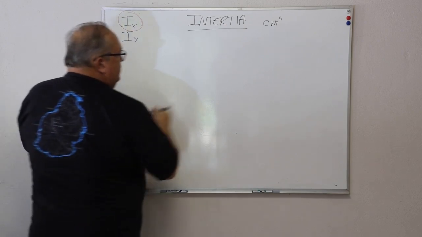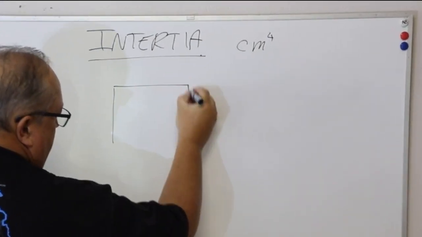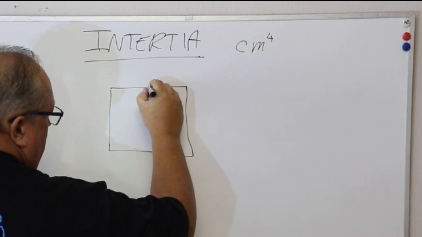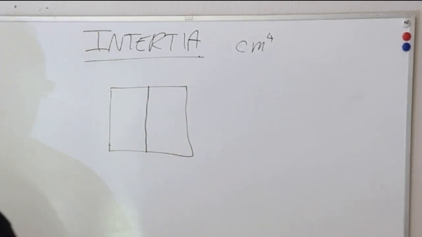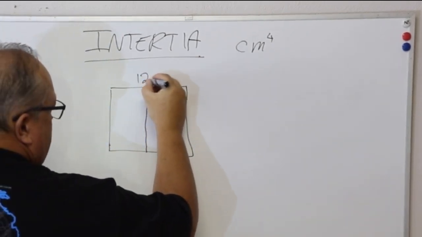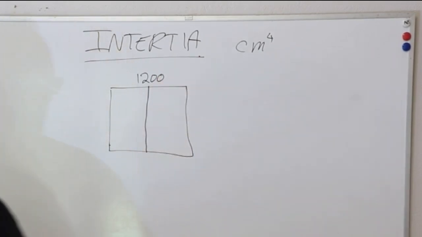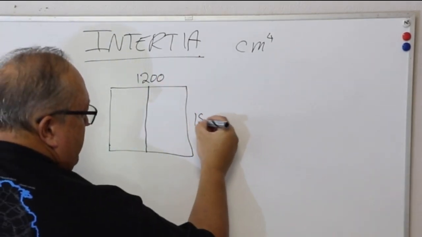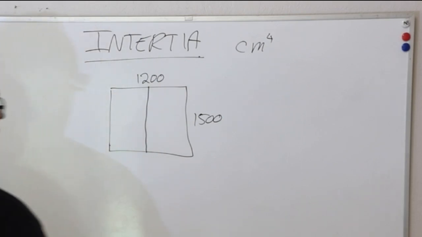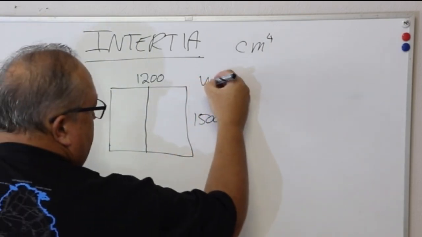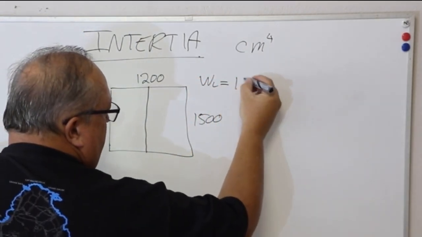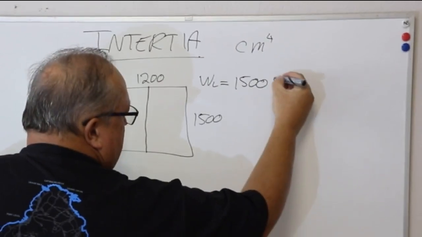I'm building a window. That window looks like this. It's a fixed window with a single mullion. I know that my window is 1200 millimeters wide. My window is 1500 millimeters high. And I decide that this window must be designed at a wind load of 1500 pascals.